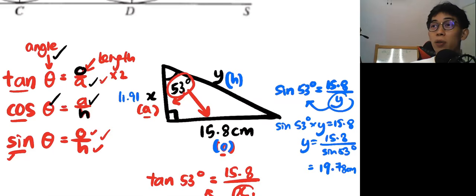Cannot use Pythagoras theorem because it's dangerous, and the answer might be plus minus 0.01, the answer wrong already, so use sine theta. Wow, pro people. Not bad, correct. Wow, can become teacher already.